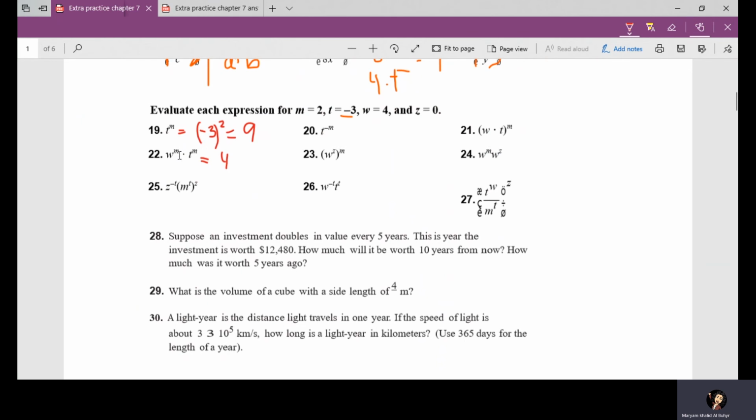So w, which is 4, to the power 2, times t, which is -3, to the power 2. So that will be 16 times 9, which equals 144.